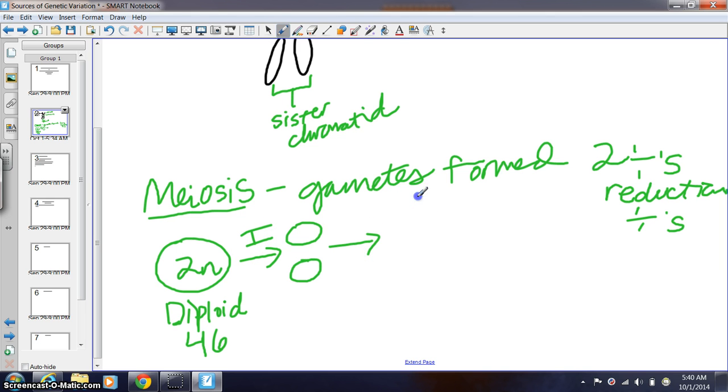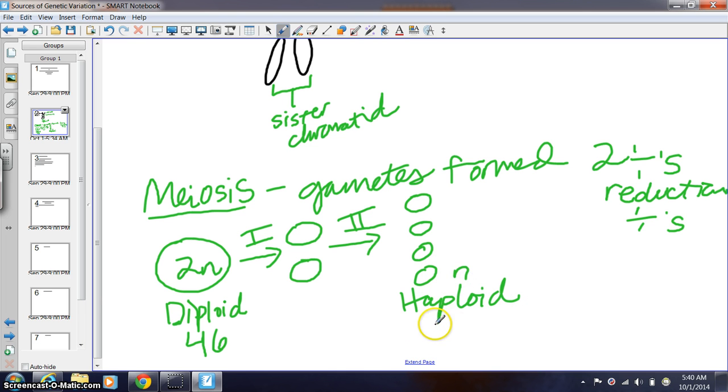And here is meiosis 2. And during meiosis 2, each one of these cells divides into two. So then what we end up with are haploid cells, and these haploid cells are just N. And they have 23 in each when meiosis is okay.